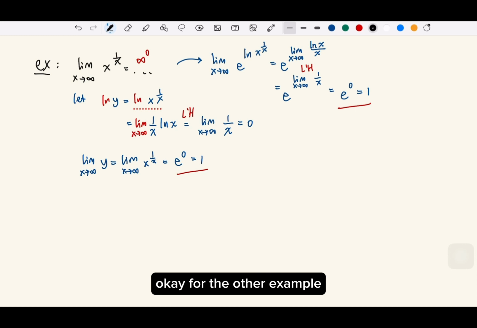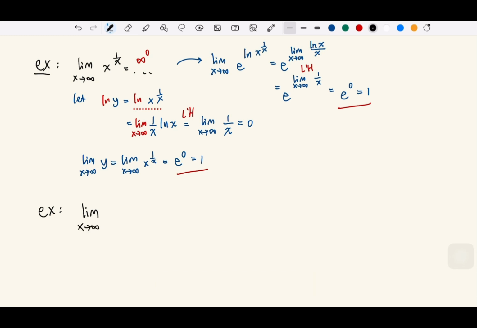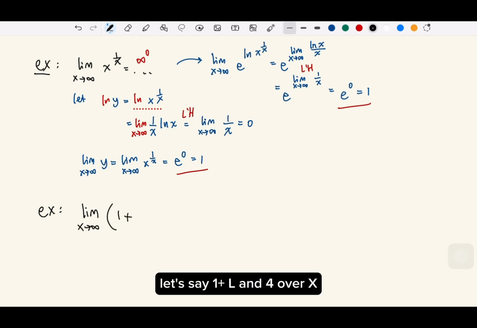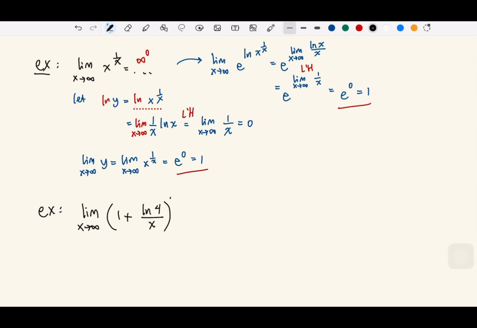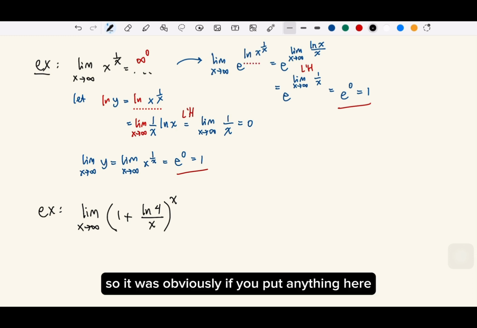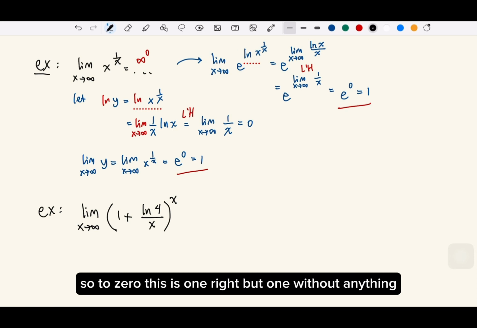Okay, for the other example, for 1 with power of infinity, the example is like this: x, let's say 1 plus ln 4 over x. Obviously, if you put infinity here, this will be 0, this is 1, right?